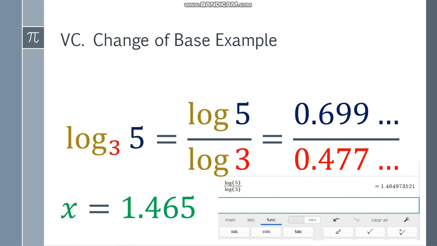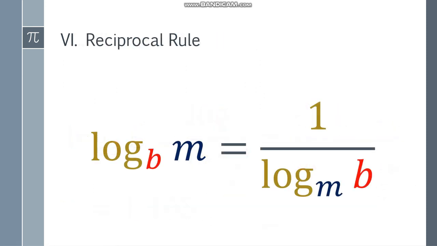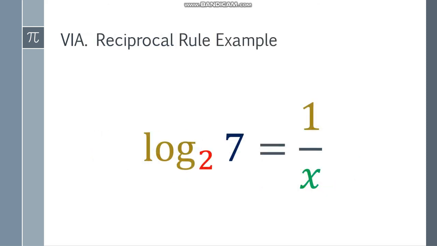Okay, let's move on to the last one, reciprocal rule. We have log base b of m is equal to 1 over log base m of b. So as you can see, there's a switcheroo here. If you just switch the argument and the base, you will get the reciprocal of it. So let's have a sample equation.